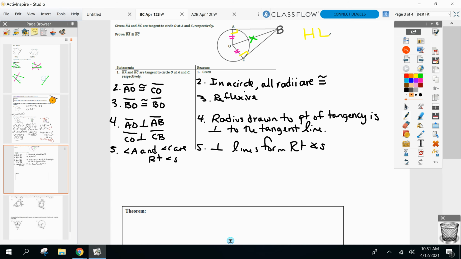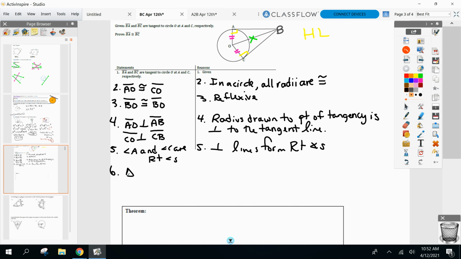If you're going to use HL, way back in the day, I know I'm going so far back. Oh, I feel so bad, honors kids. Do you remember what I need to state before saying the triangles are congruent by HL? The triangles are right triangles, yeah. Right, because that's only for that method. So I need to tell you I got some right triangles. So that's what's coming up next.